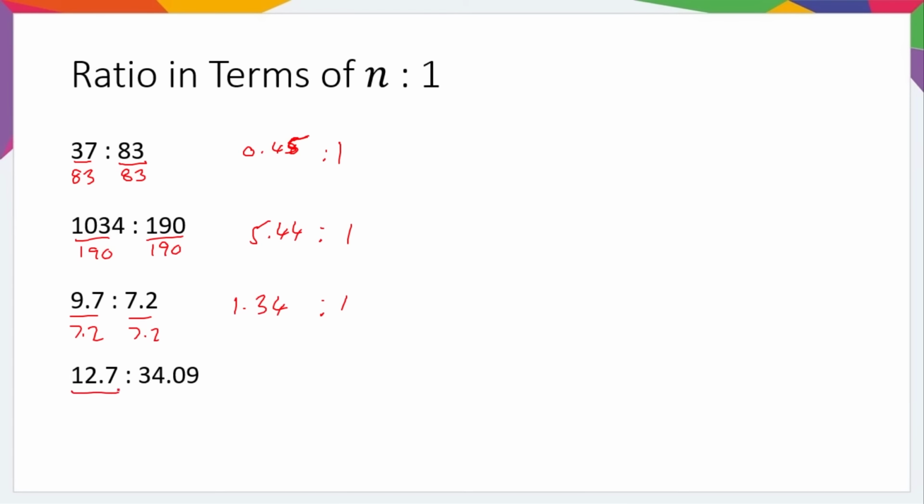And on this final example, again, as it's the right-hand number that we're turning into a 1, we need to divide both numbers by 34.09, which gives me 1 on the right. And on the left, 12.7 divided by 34.09 comes to 0.37.